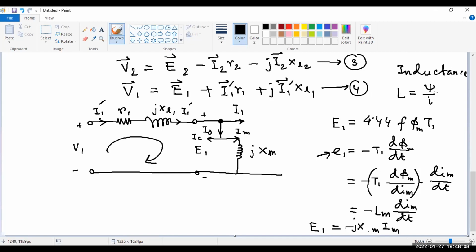Flux linkage, or we can write Nφ, or here we are representing T. So Tφ, number of turns into φ by I. In differential term, we can write T dφ/di, where T is the number of turns. So this is how we define an inductance.